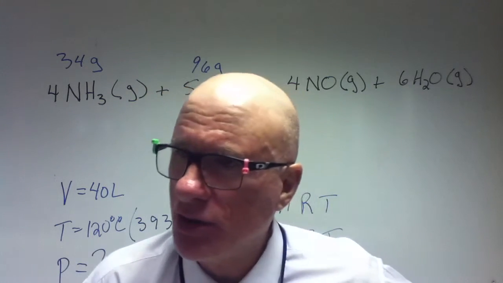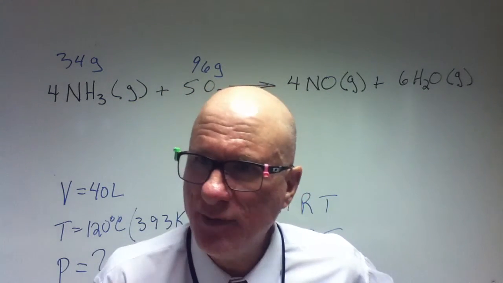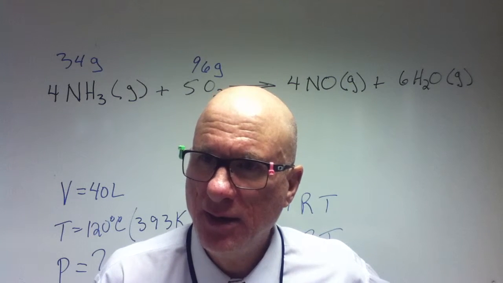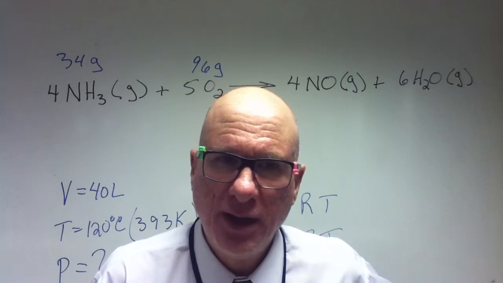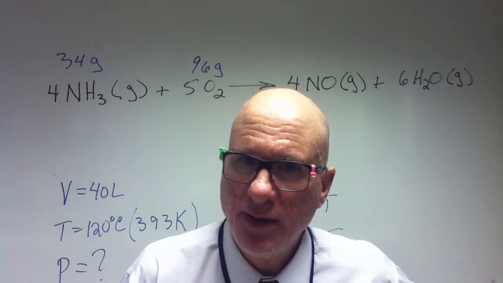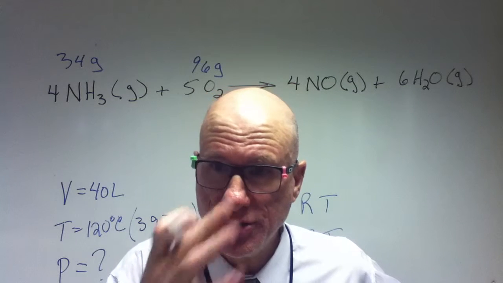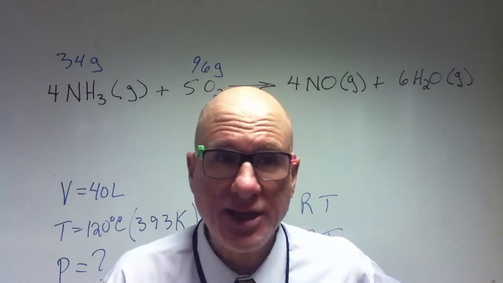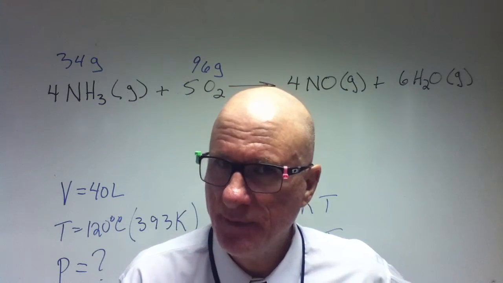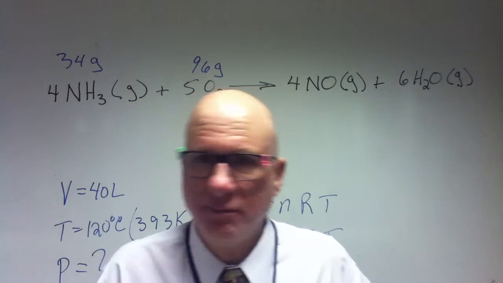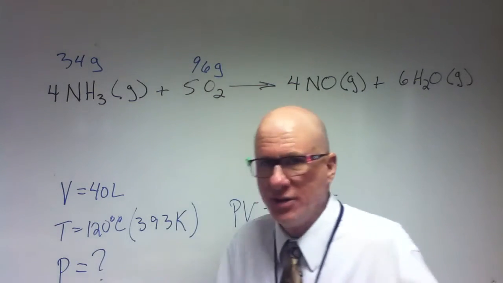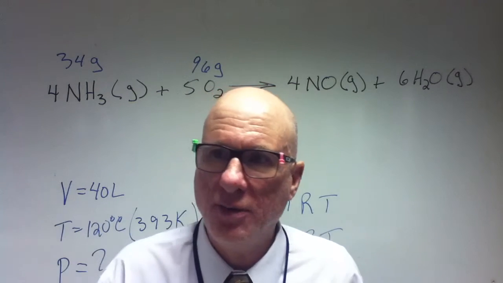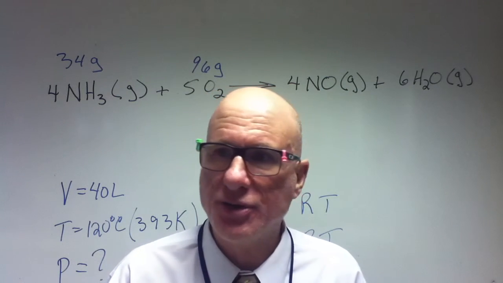And how else can you determine that? You're not given 2 sets of conditions. You're only given 1 set of conditions, right? You're not saying, well, here's a set of conditions, now let's compare it with STP, or compare the conditions at, say, 500 Kelvin and some enormous volume with standard temperature and pressure.